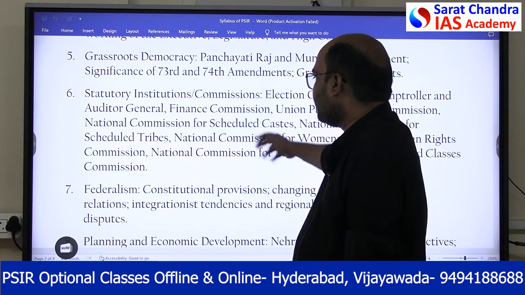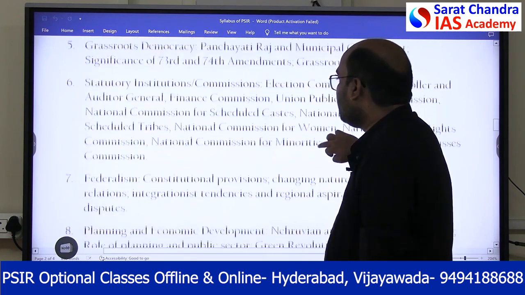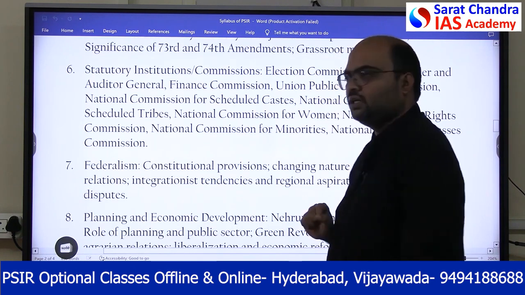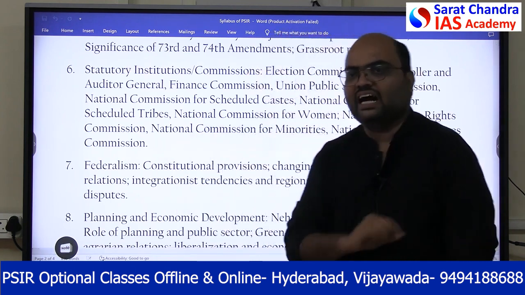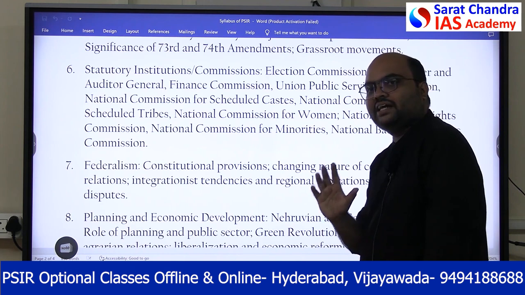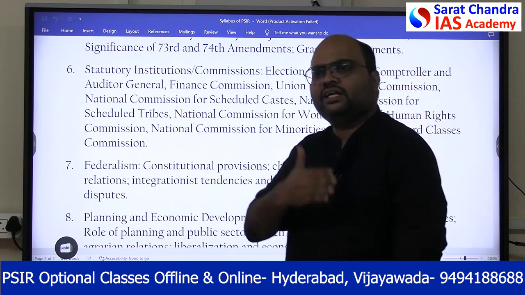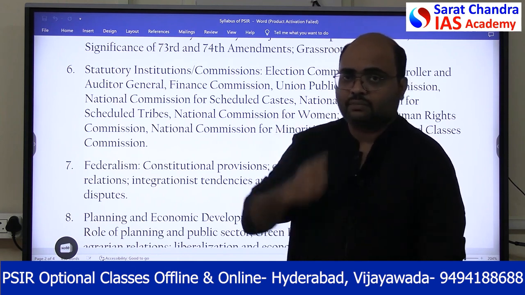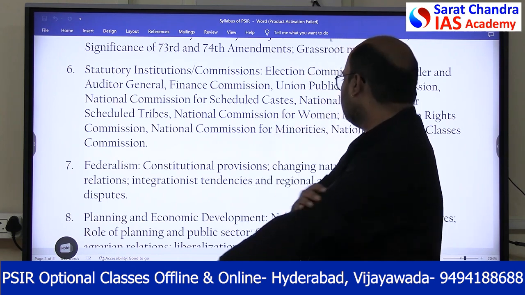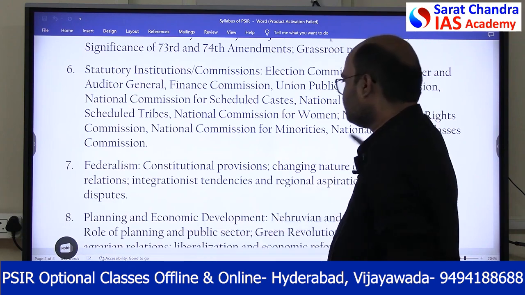So this all can be studied. And another important concept in this part B is national commissions. A question can be asked on national commissions, either SC/ST commissions, minority commissions, or the National Commission for Women.